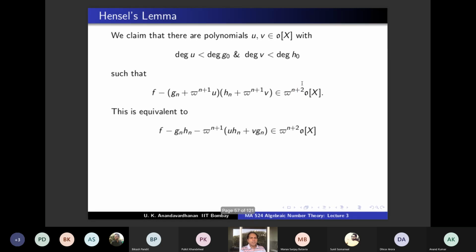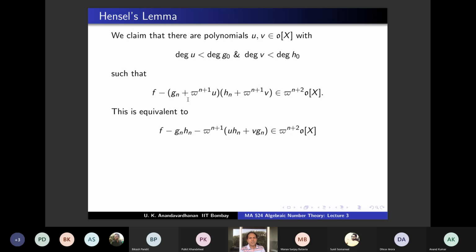Okay, but then this is equivalent to, you just do this product. This product is Gn Hn plus pi power n plus 1 times (U Hn plus V Gn) plus pi power 2n plus 2 times UV. But pi power 2n plus 2 is bigger than n plus 2, so that part I don't have to write. That anyway belongs to pi power n plus 2 O.